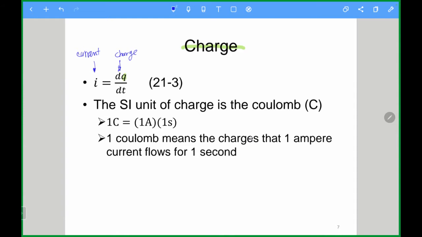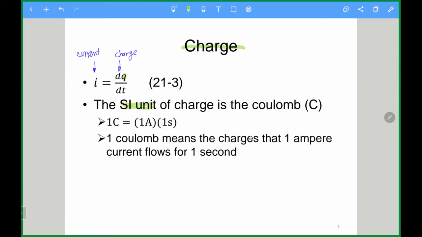I suppose you have learned calculus 1, so you know what a derivative is, or even in high school mathematics you should know what a derivative and integration are. And I should say in physics class, or even in engineering class, one of the most important things is the SI unit.